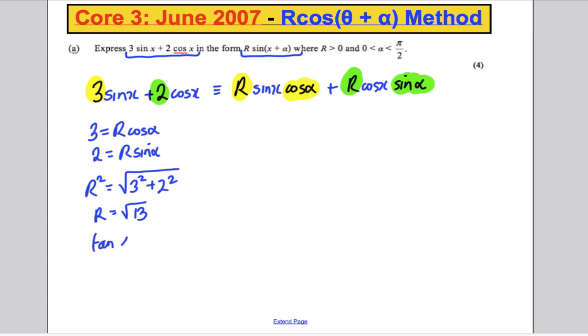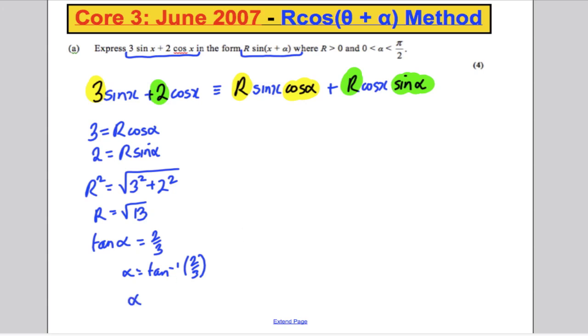And tan of alpha is 2 over 3. So alpha is the inverse tan of 2 over 3. Calculator in radians mode this time. So make sure your calculator's in radians mode, and you get 0.588.